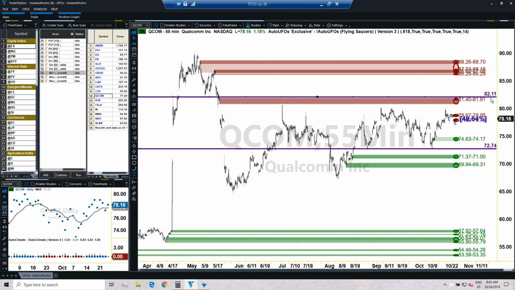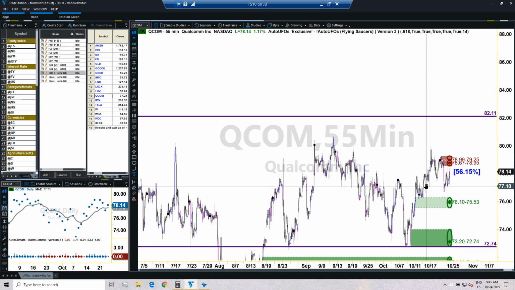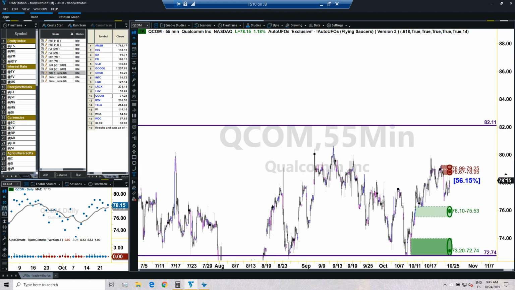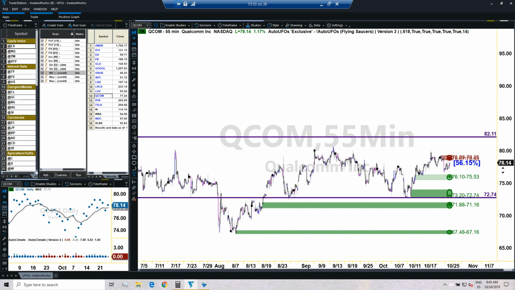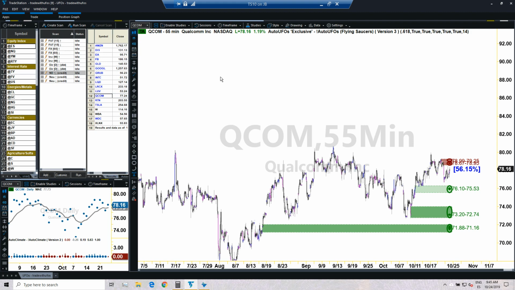By the way, 48.64 compared to 56 is better. We're using pre and post market, and if we were to do this with Qualcomm, we would need to move much higher. Remember earlier I was loading May, and there were UFOs, but they were much higher. So what I'm going to do is just forget about Qualcomm and continue working on my list to see if I can find a more reasonable opportunity.